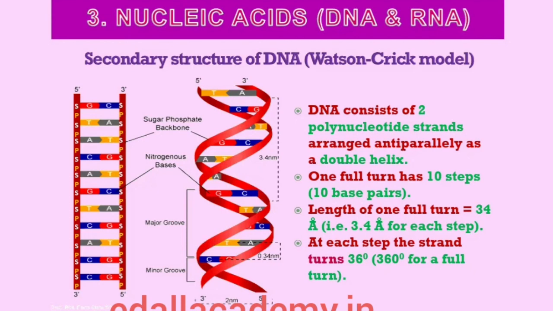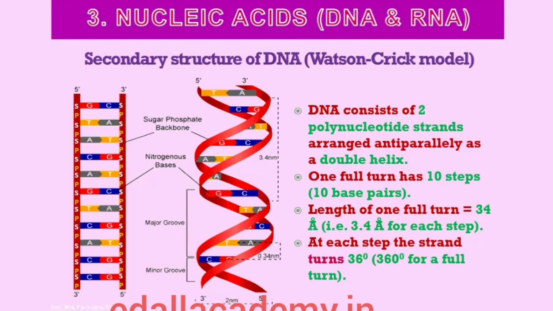This we have already discussed under nitrogenous bases from biomicromolecules itself. You try to remember the common type of DNA is the Watson and Crick model. It is the secondary structure of DNA. According to the Watson and Crick model, DNA consists of two polynucleotide strands arranged anti-parallelly as a double helix.